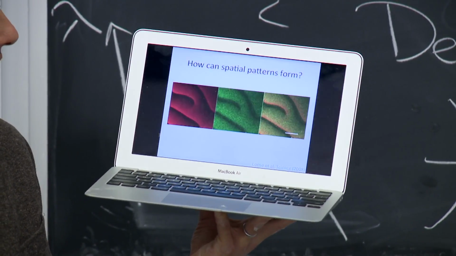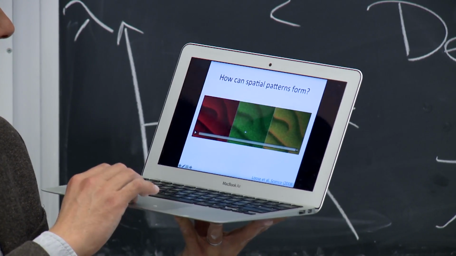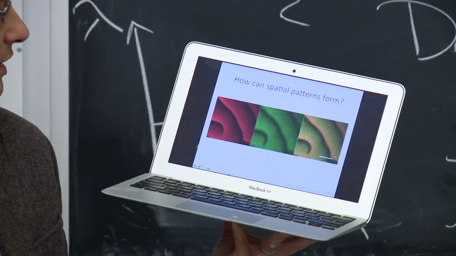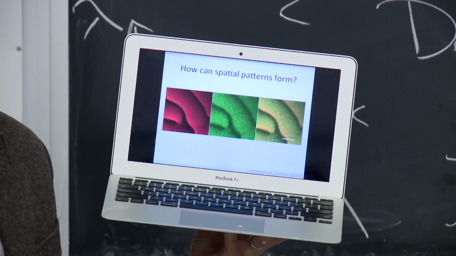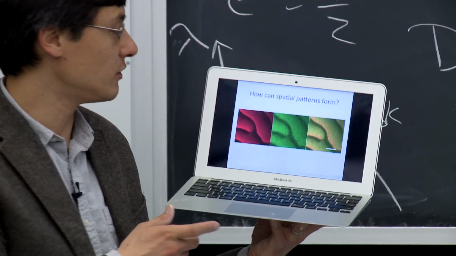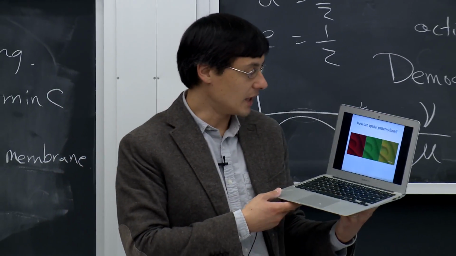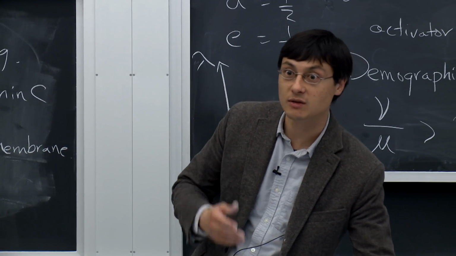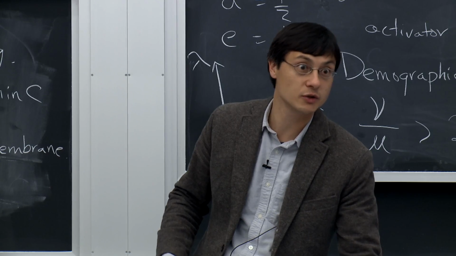The movies are just amazing. When you see this, you think it's like a simulation. It's so incredible watching these things go. After class, you can come up, I can show you the paper, and you can look at the movie in more depth. They're really amazing patterns, and they're patterns you would predict from some sort of Turing-type reaction-diffusion mechanism.